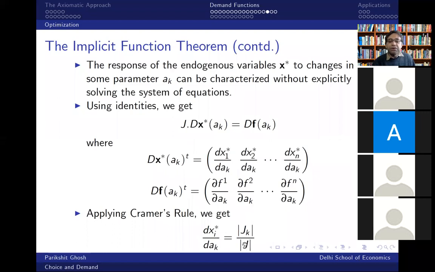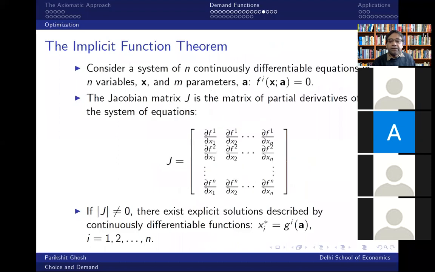This has to be non-zero. And what is J of k? J of k is basically the Jacobian matrix where the kth column has been replaced by the vector of partial derivatives of the functions with respect to the kth parameter, right?